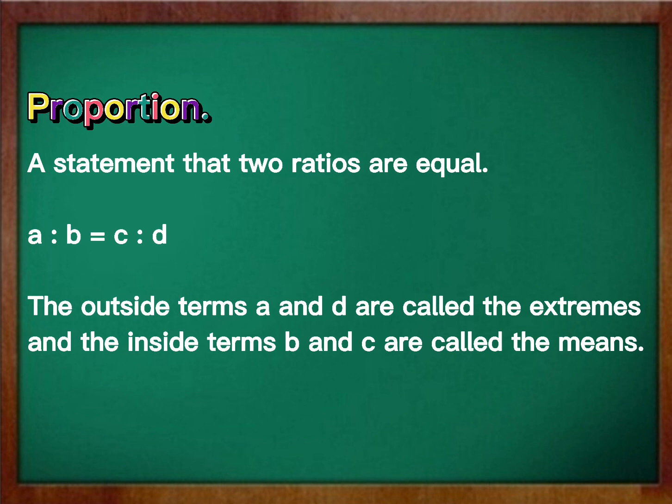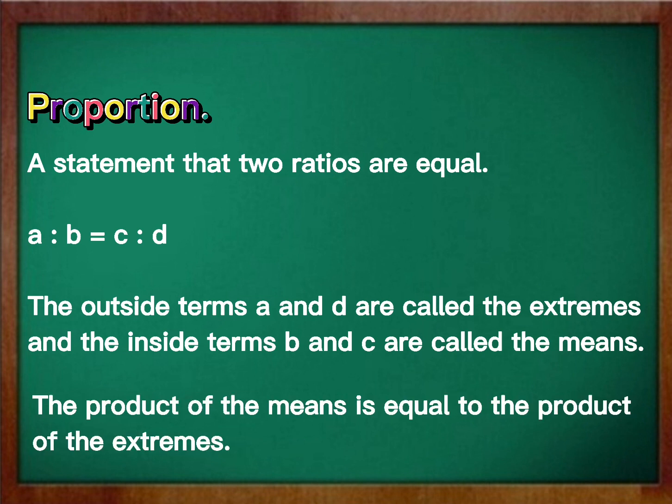In the proportion, A is to B is equal to C is to D, the outside terms A and D are called the extremes, and the inside terms B and C are called the means. In a proportion, the product of the means is equal to the product of the extremes.